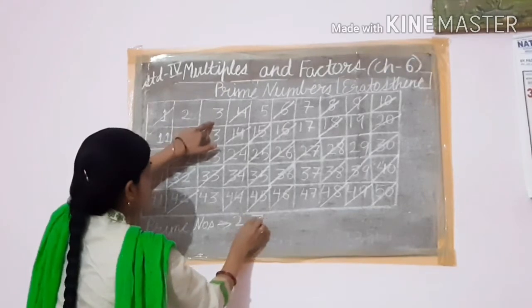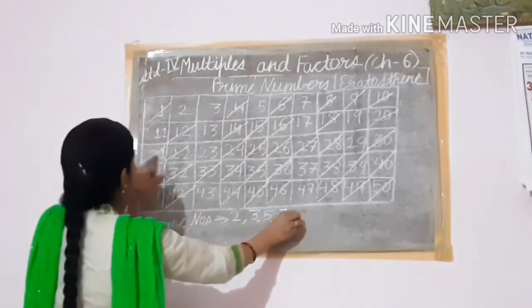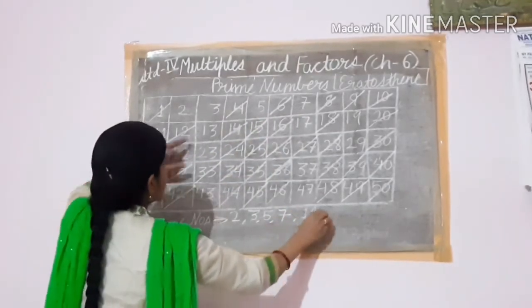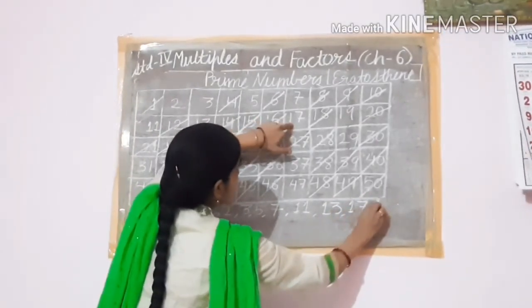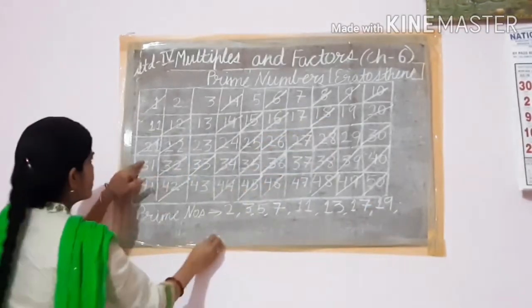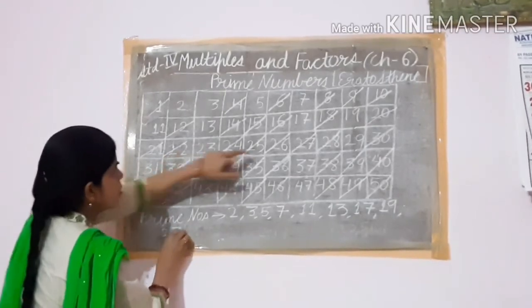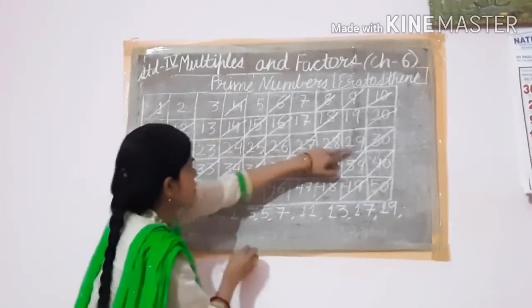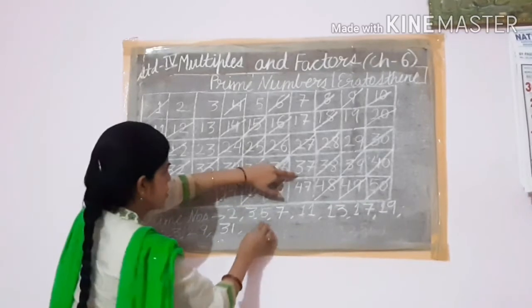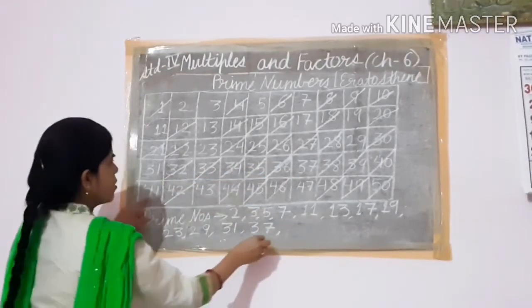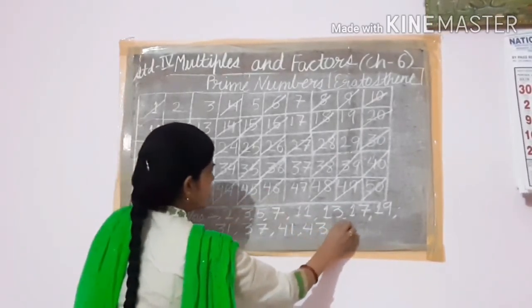2, 3, 5, 7, 11, 13, 17, 19, then next is 23, 29, next is 31, then 37, 41, 43, 47.